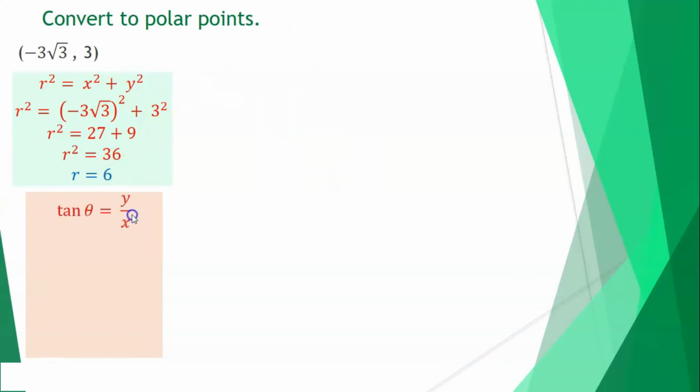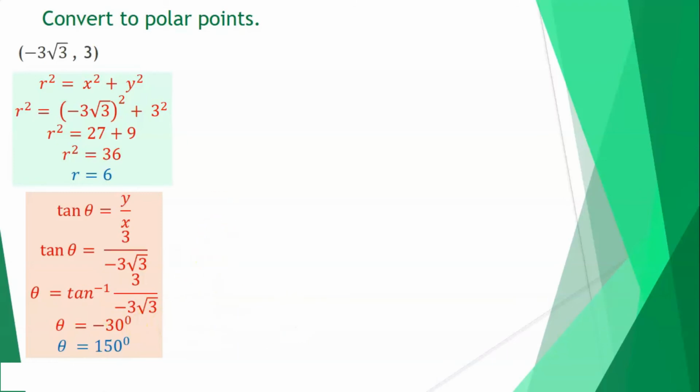Now, making use of tangent, it's y over x. Our y is 3 and x is negative 3 square root of 3. Taking the inverse tan, we will obtain negative 30 degrees. Now take note, this is located in the second quadrant. So the rule here is, if it's located in the second quadrant, we have to add 180 degrees.